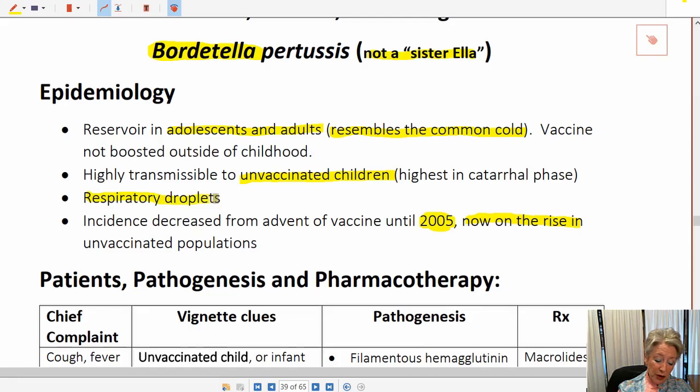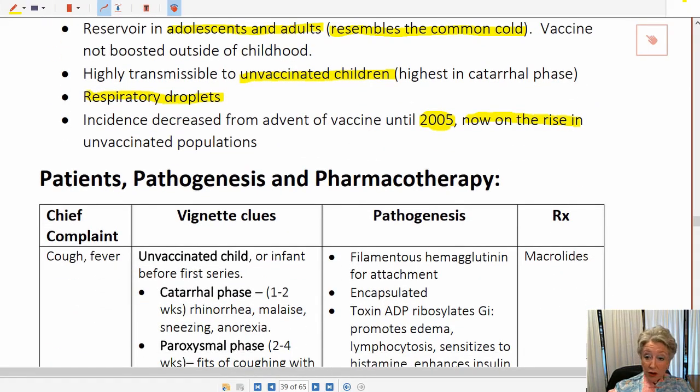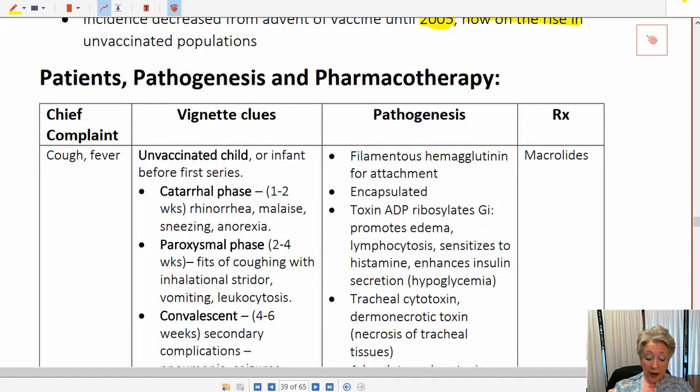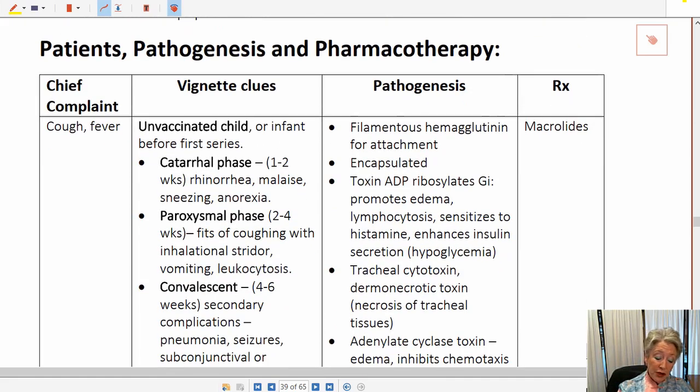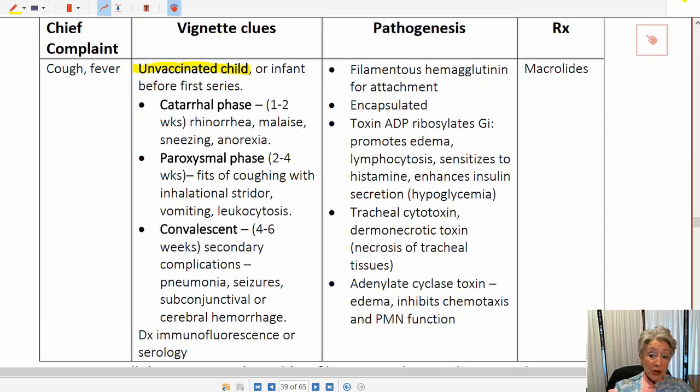It's transmitted by respiratory droplets. So chief complaint, cough and fever. And so they're going to have to suggest to you that the child is either young enough to have not received the first series yet or is unvaccinated. And depending upon what stage of disease, they're going to describe it in different ways.